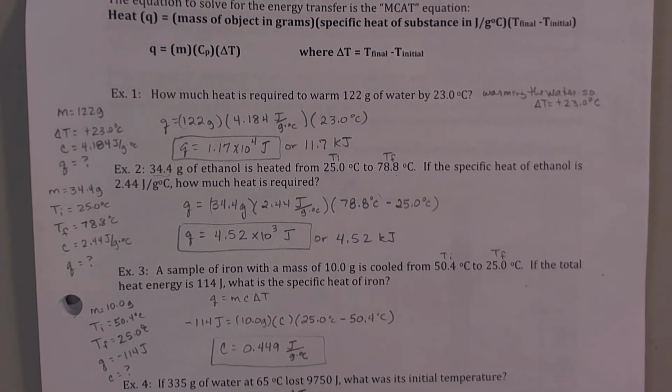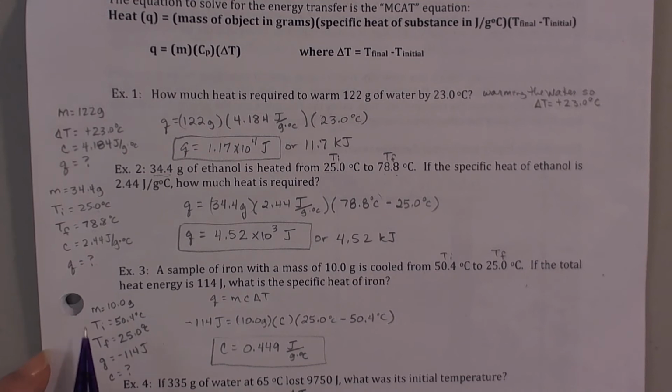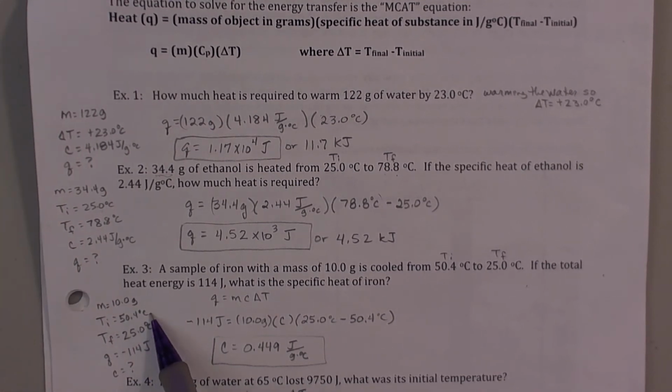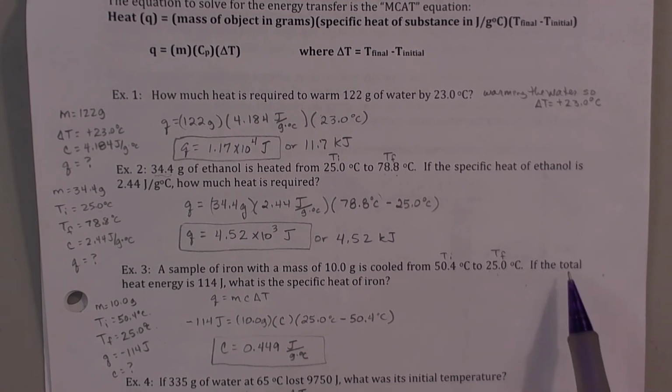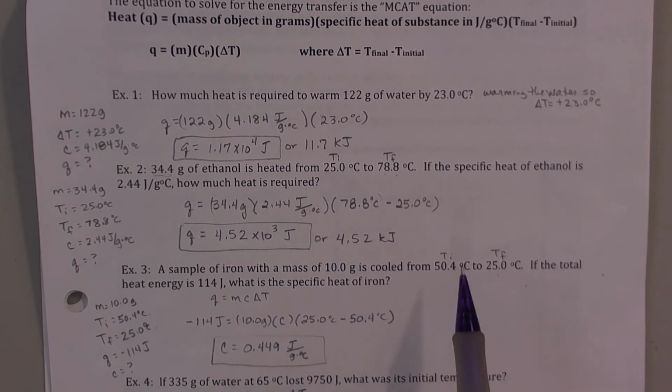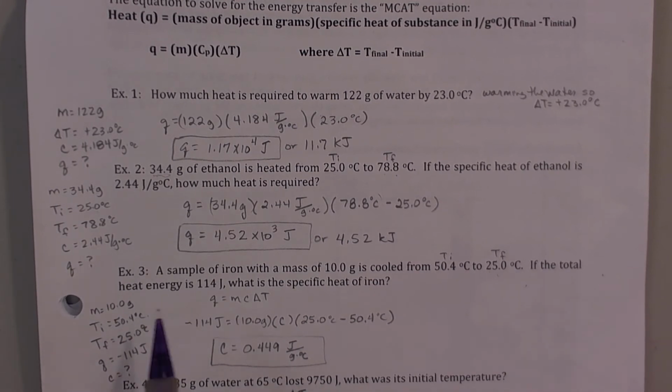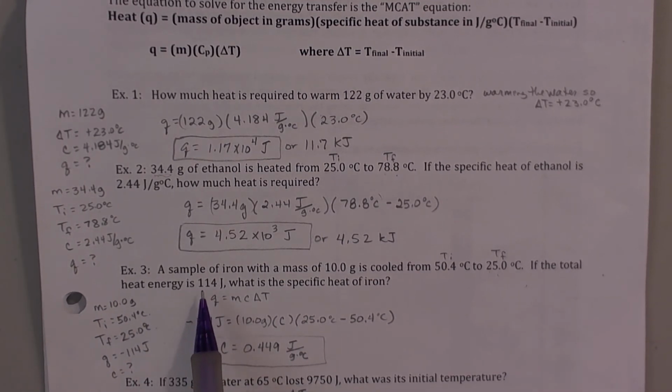Now number 3, you were given a mass, you were given an initial temperature of 50.4 degrees Celsius, you were given a final temperature of 25 degrees Celsius. It gives you the Q is 114 joules. So it tells you the iron is cooled from T initial to T final. So then you've got to think, what is the sign on this Q?